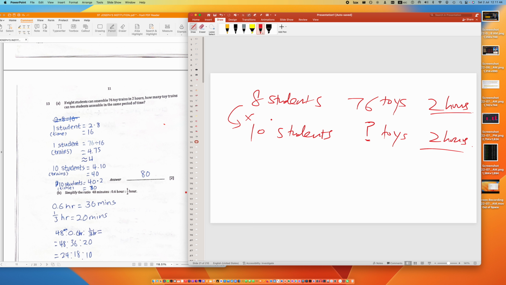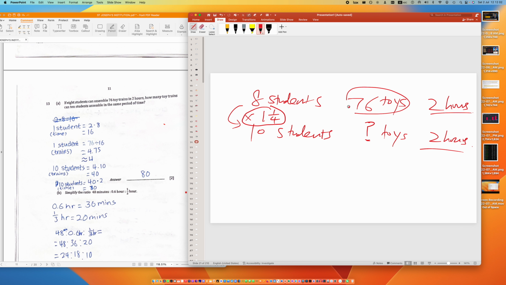Yes, good. So the head count increased by a factor of 1 and 1 quarter.